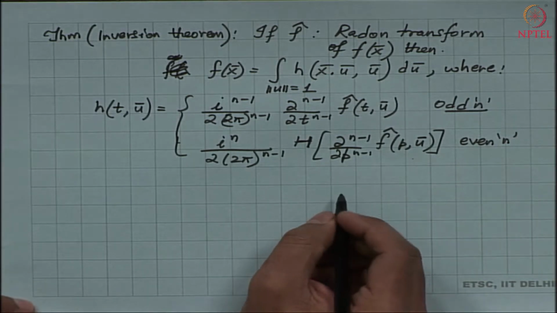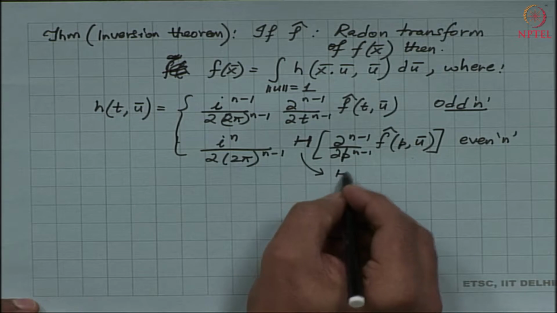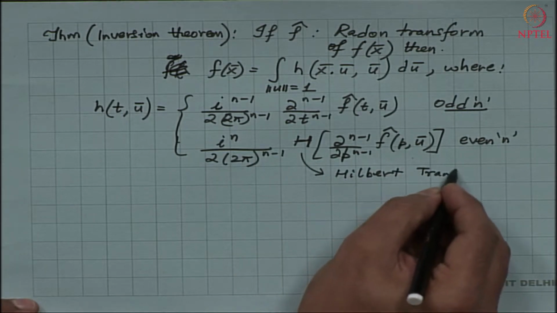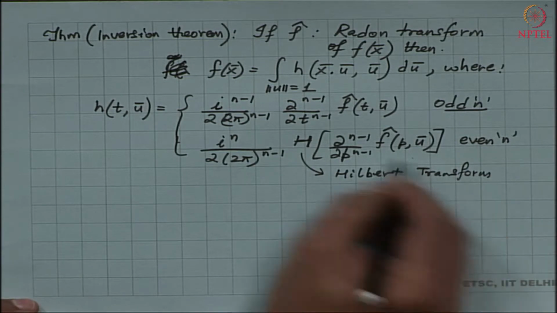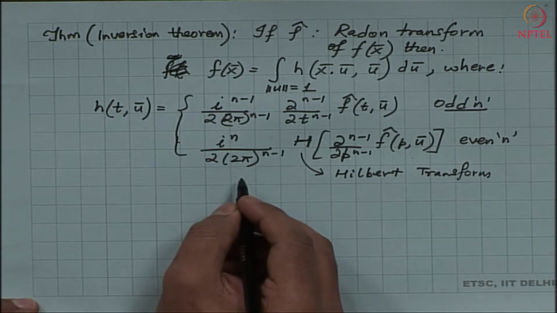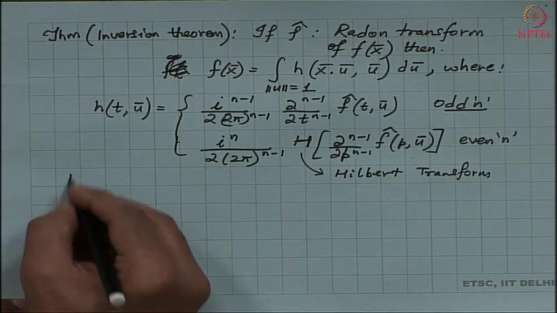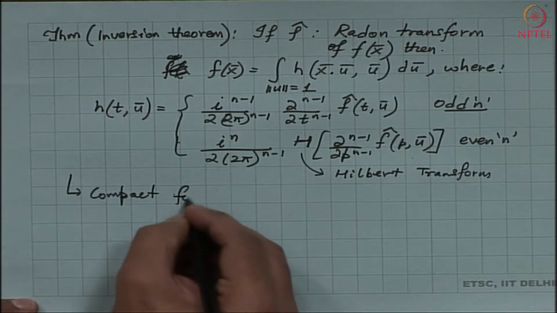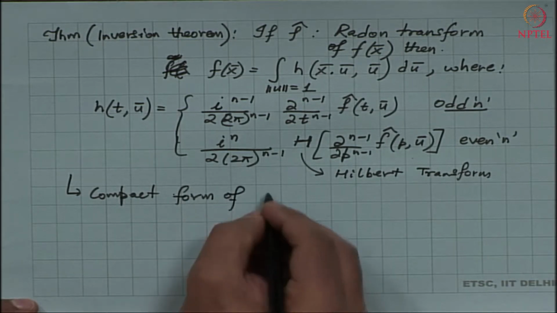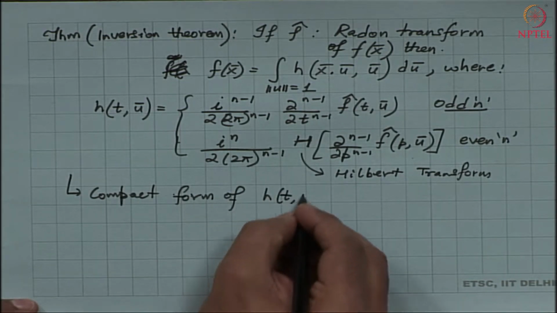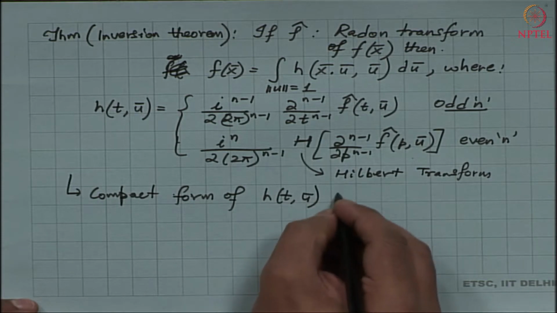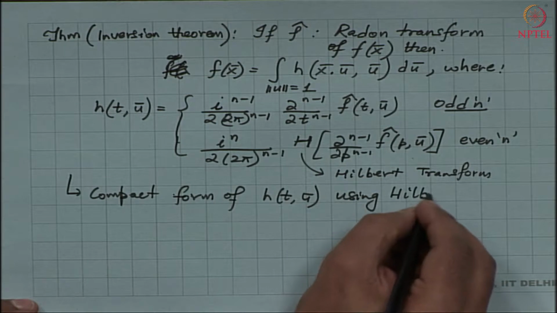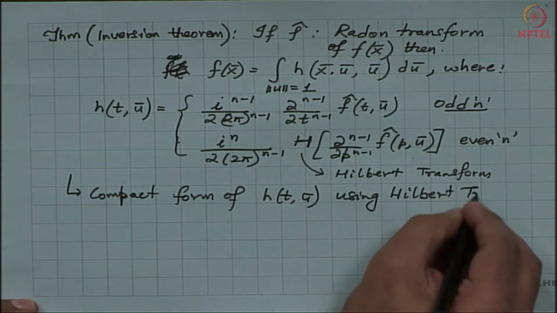This denotes the Hilbert transform of the Radon transform of the function. So, what I have done is I have used a compact form of the function h of t comma u using the Hilbert transform.